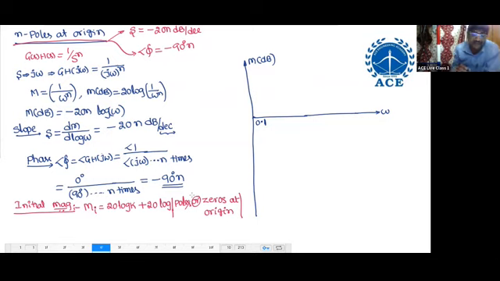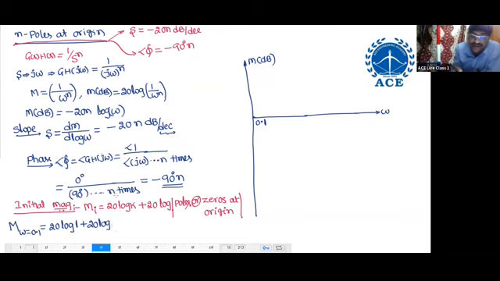Now calculate the initial magnitude. I want the magnitude at frequency 0.1. That equals 20 log K, and K is 1, plus 20 log of the poles and zeros at the origin. How many poles at the origin? N poles. That means 1 by S power n.